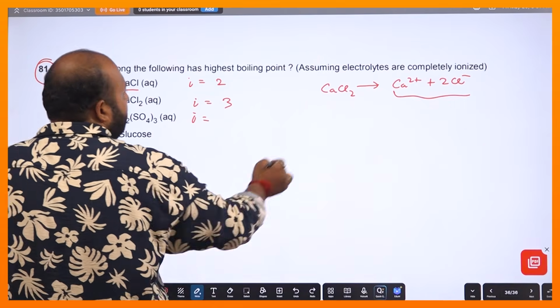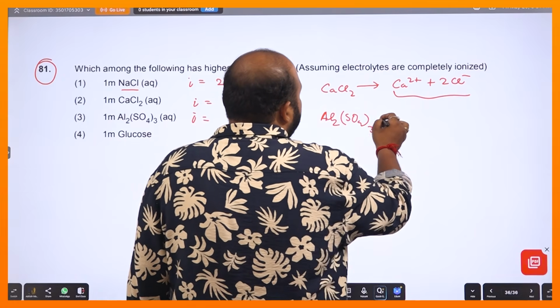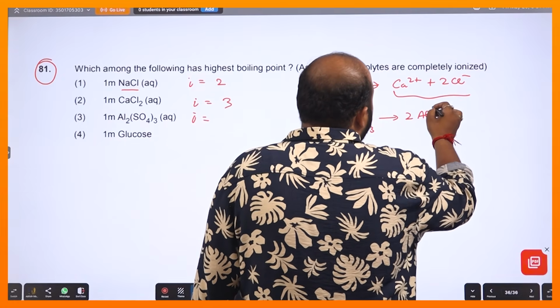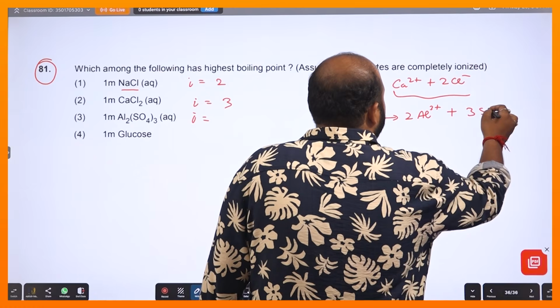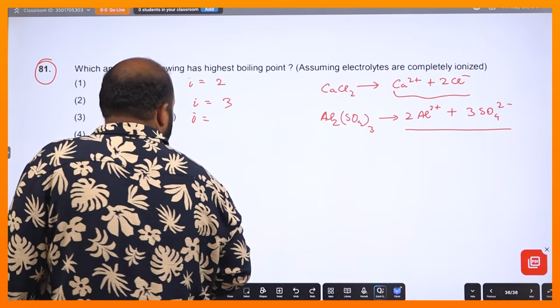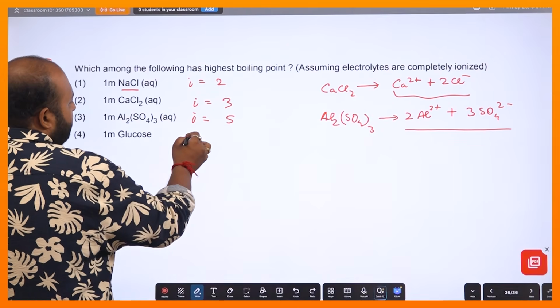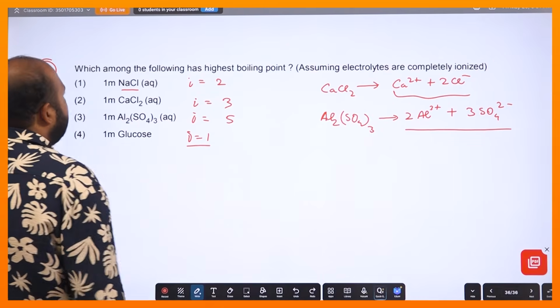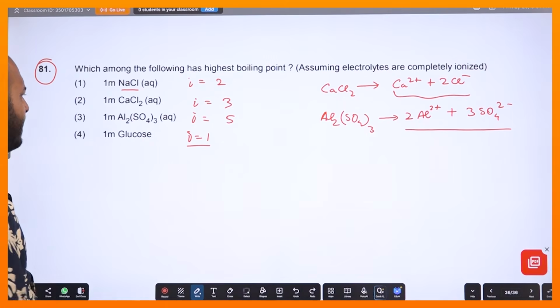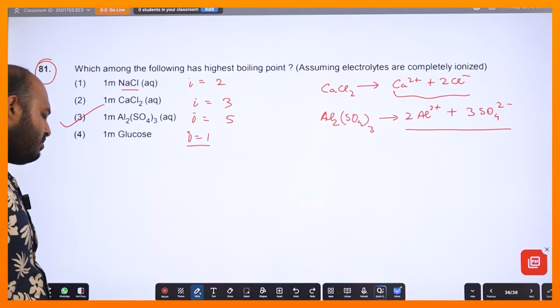For Al2(SO4)3, it will be 2Al3 plus 3 SO4 2 minus, so the total number of ions will be 5. For glucose, as it is a non-electrolyte, it will always be equal to 1. So the highest boiling point will be observed where the Van 't Hoff factor is also high.